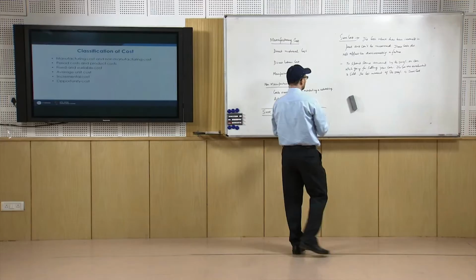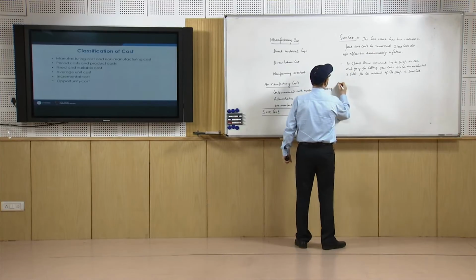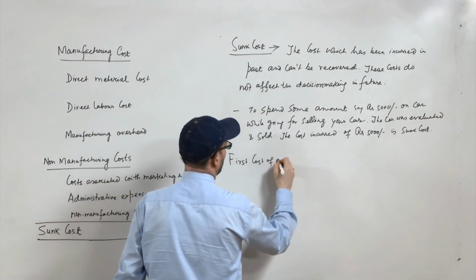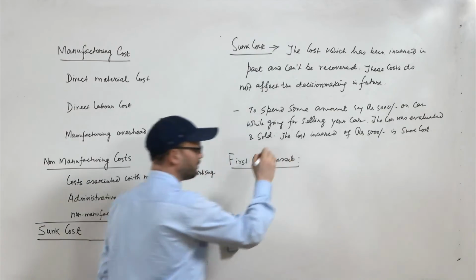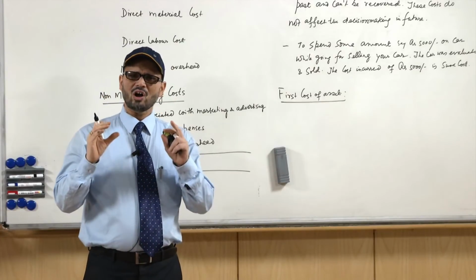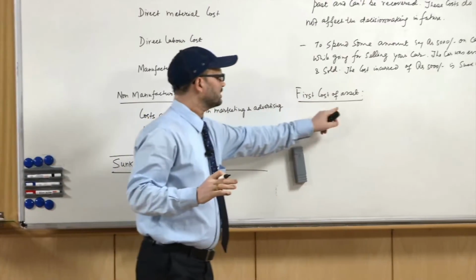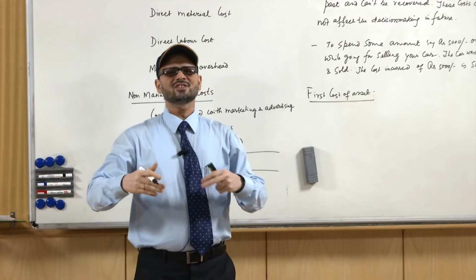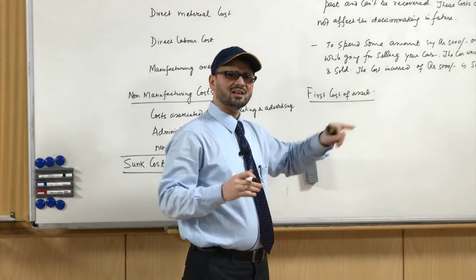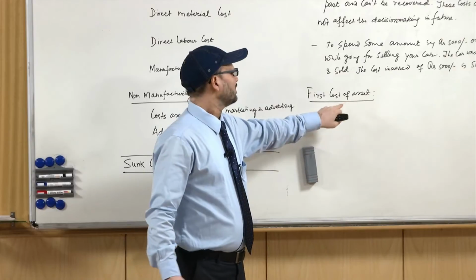Then we also come across a few cost terms, suppose, first cost of the asset. First cost of the asset means the cost on those assets which are used by the industry for the first time while setting up the industry. All the capitalized assets, the cost incurred on them, fall under the category of first cost of the asset.